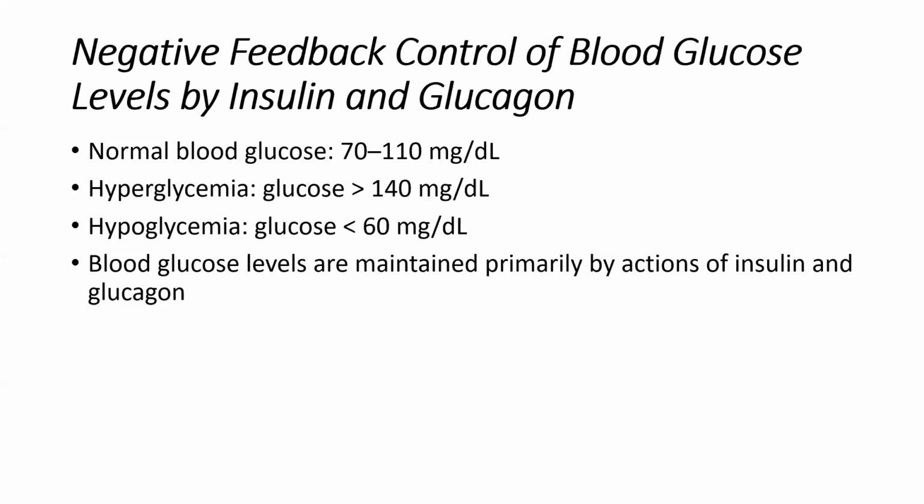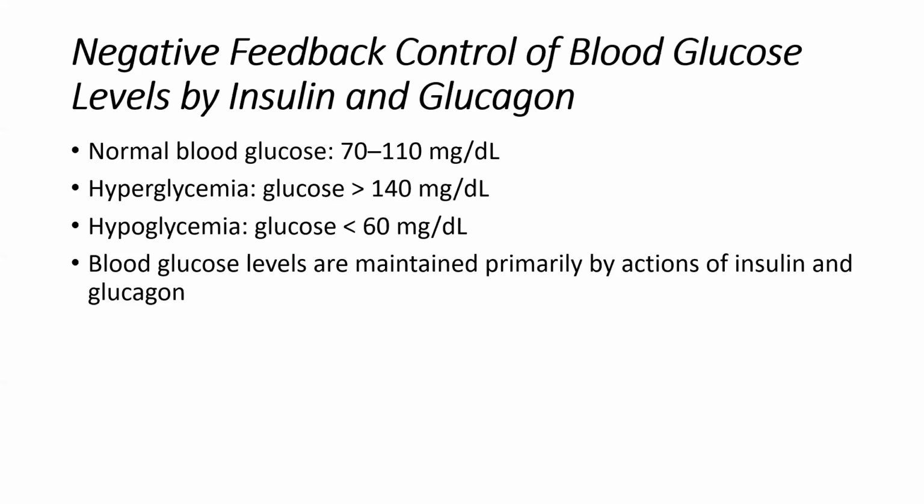And then we can also speak about hypoglycemia, which is a glucose reading less than 60 milligrams per deciliter, which is very low in terms of our energetic needs and our caloric needs and demands for our tissues, okay? So when we speak about insulin and glucagon, both of these hormones act to keep us at that normal blood glucose.